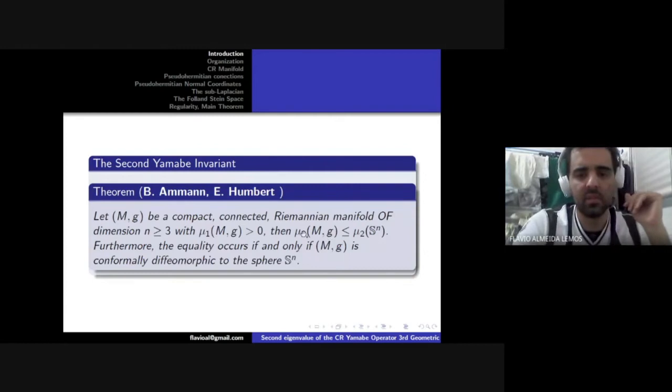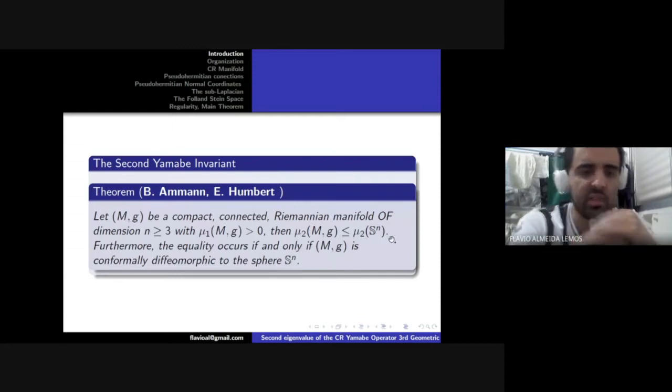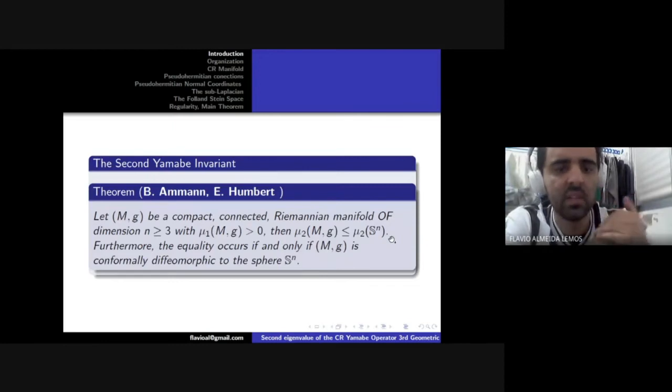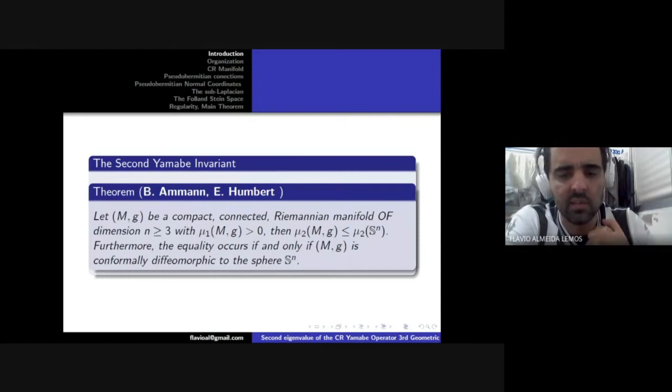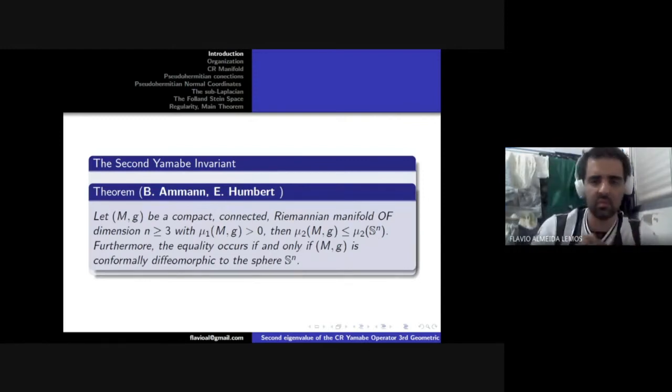Then we have the inequality: the second Yamabe invariant is less than the second Yamabe invariant of the sphere. Furthermore, equality occurs if and only if (M, g) is conformally diffeomorphic to the sphere.